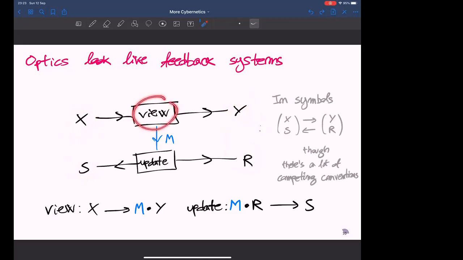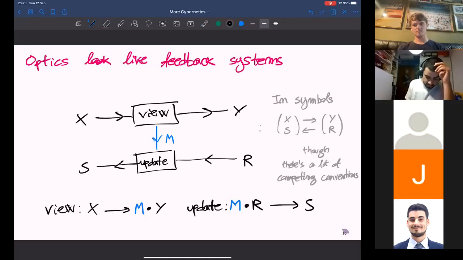One is called the view and the other is called the update, or the get or the put. There are different conventions. But the central point is that the first map goes from X to this M times Y. You can read this as times. And the update goes the other way around. So this is exactly how a feedback system works.